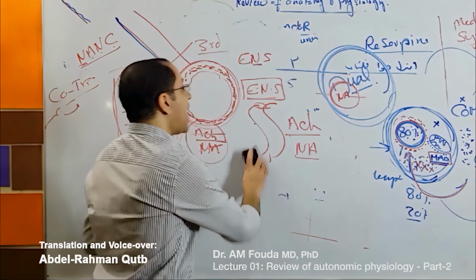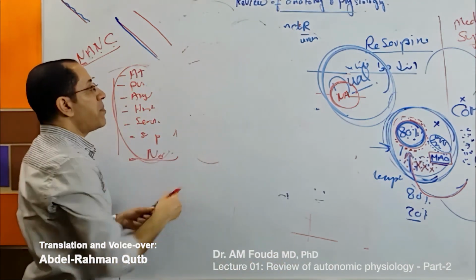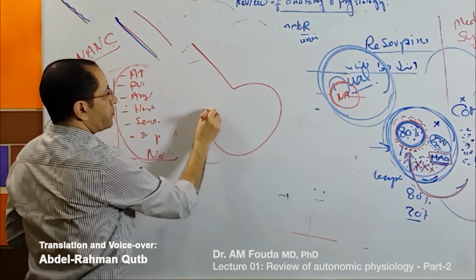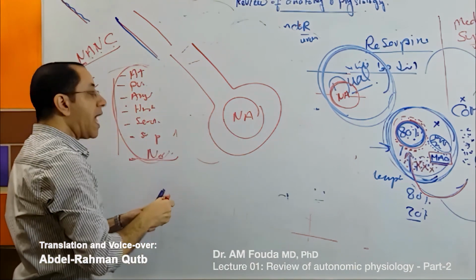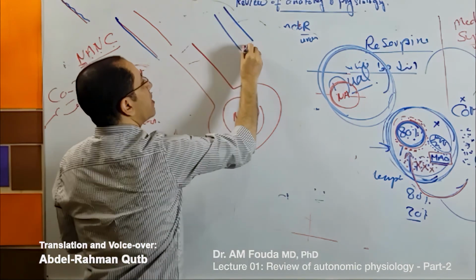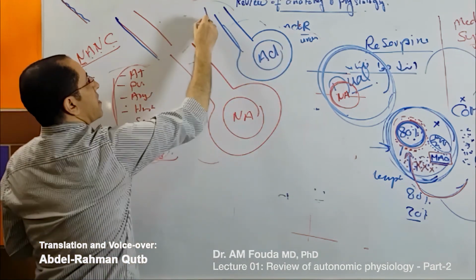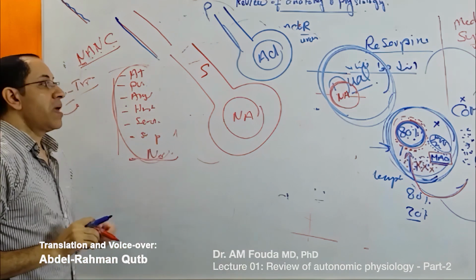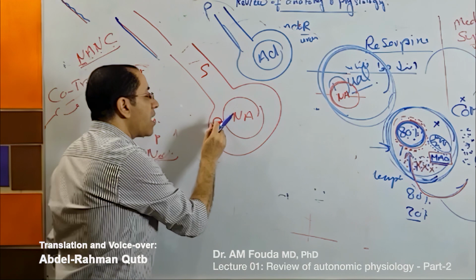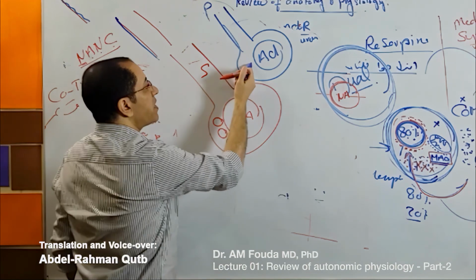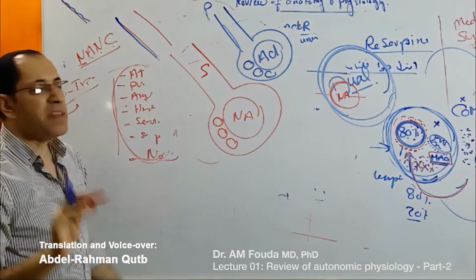The last point in this video is the significance of this system. Sometimes this nerve is sympathetic, meaning it releases norepinephrine. And this nerve here is parasympathetic, releasing acetylcholine. Those are the primary transmitters. Sometimes there are transmitters in nerve endings, either sympathetic or parasympathetic, other than primary transmitters. There is no nerve ending that has only one transmitter.